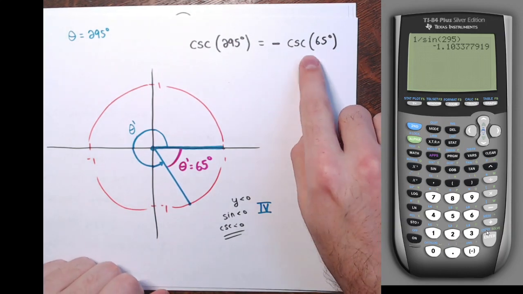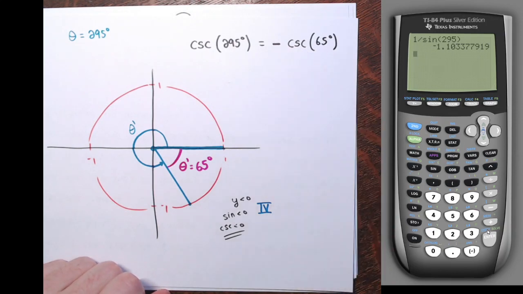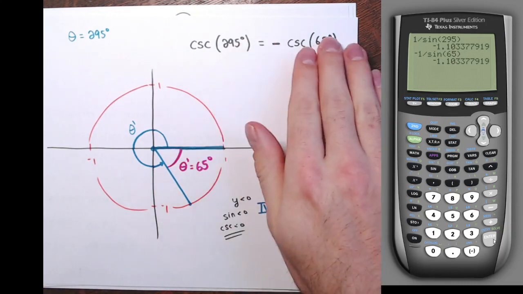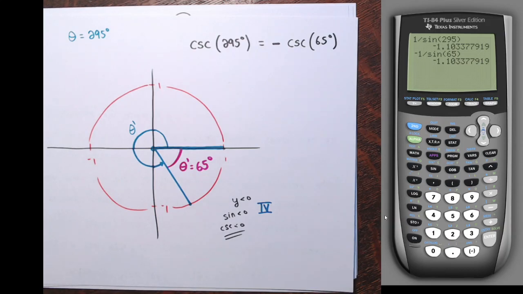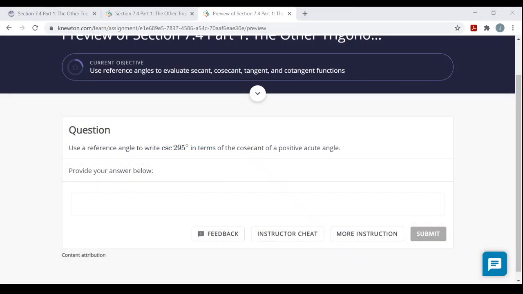Now let me type in this other side. So negative sign, and then the cosecant of 65 degrees is 1 divided by the sine of 65 degrees. And if I did everything correctly, this better be the same value. Oh, and look, it is. Great. So this is a true statement that I have written, and I can enter that into my assignment.